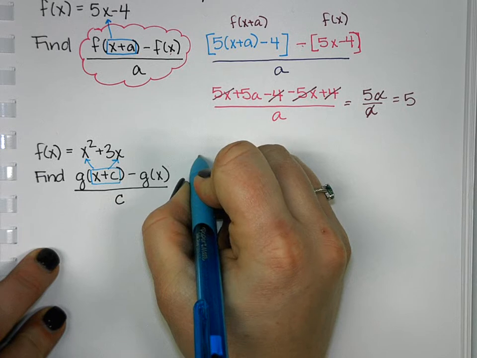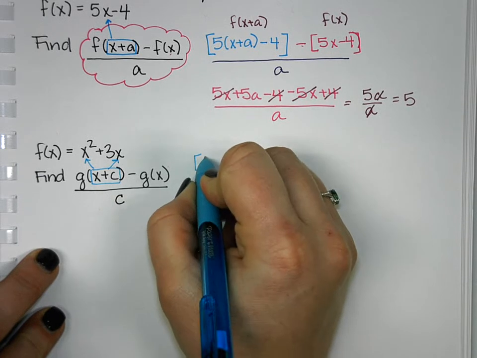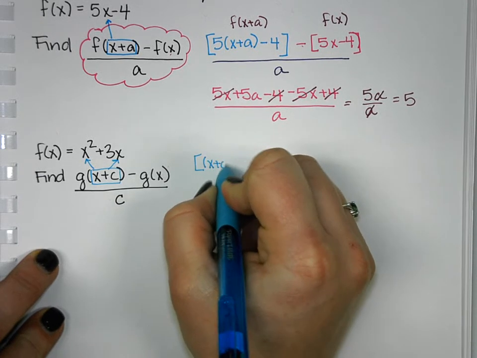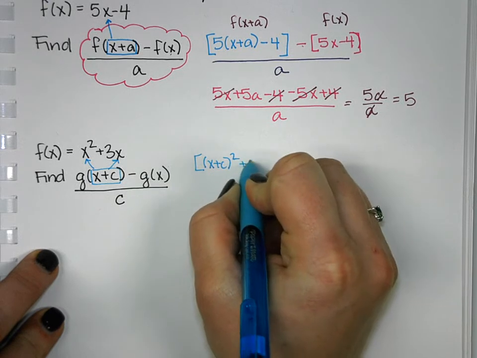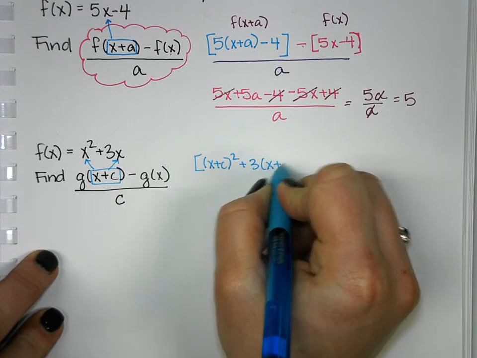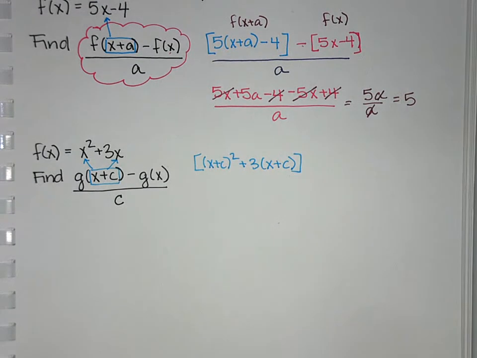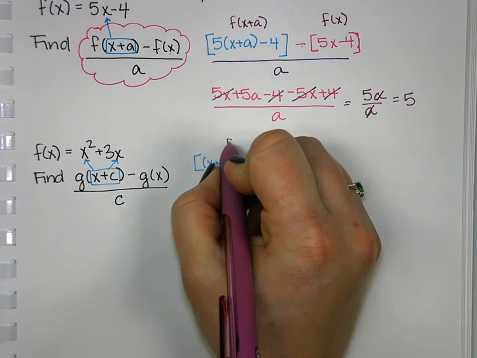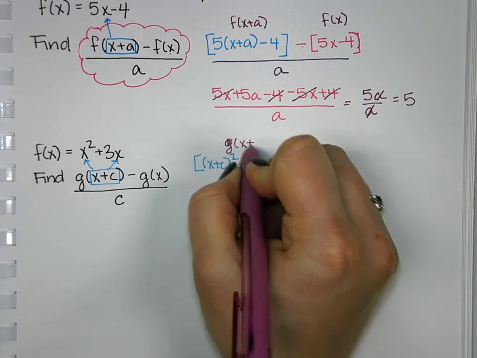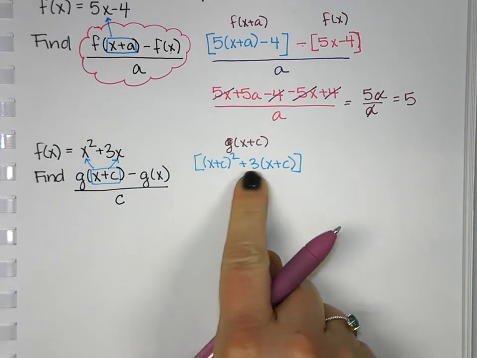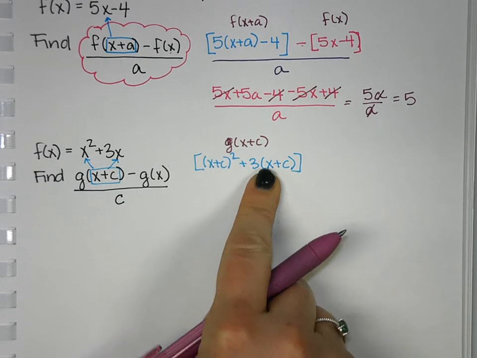So we'll have x plus c squared plus 3 times x plus c. Okay, so again, this is our g of x plus c expression. We have our x squared plus 3x, but instead of x, we have our expression in there.